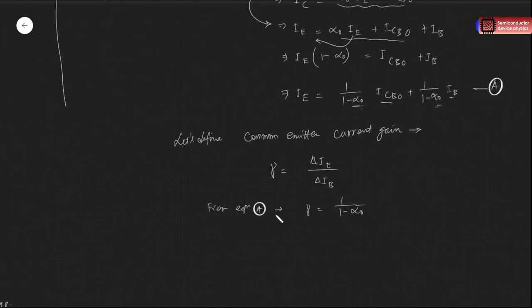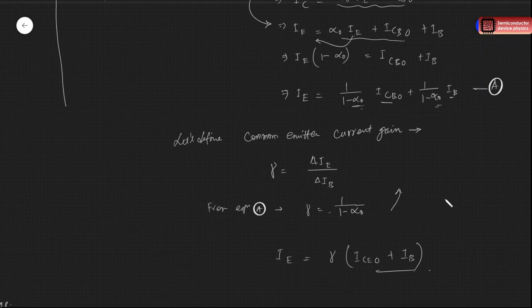So if you replace this gamma value in IE, you will get IE equals gamma into ICEO plus IB, right?